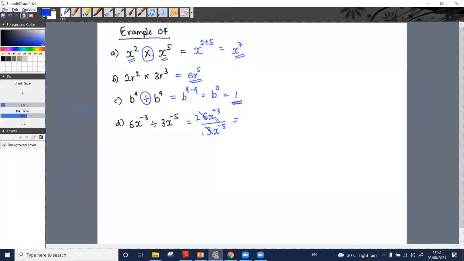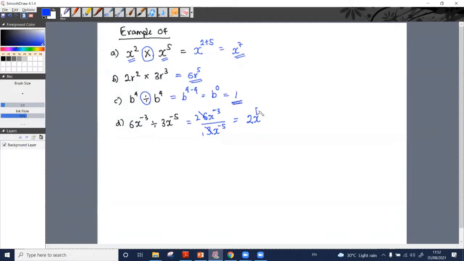And what about the variable? The base is the same, and there is this division. Then what can we do? We should be able to deduct the power values. Then what will be the answer? 2 into x to the power what?